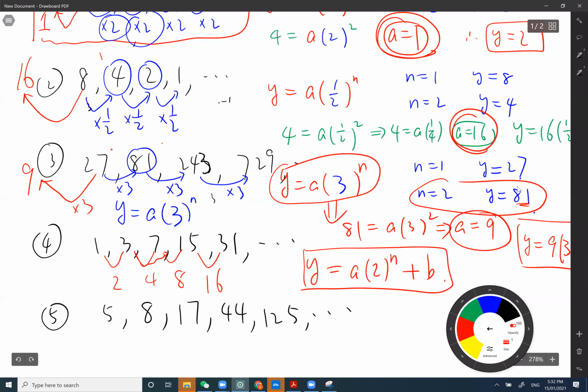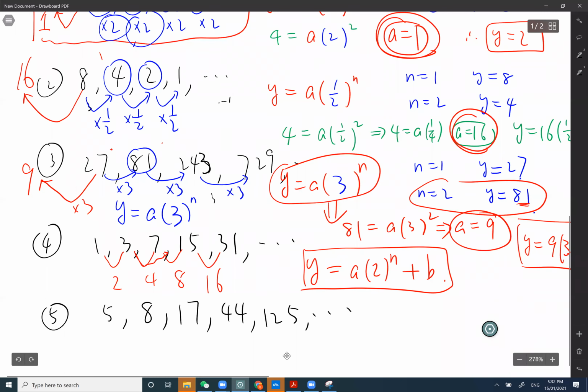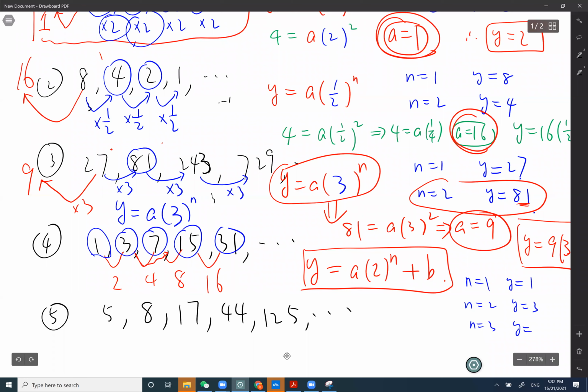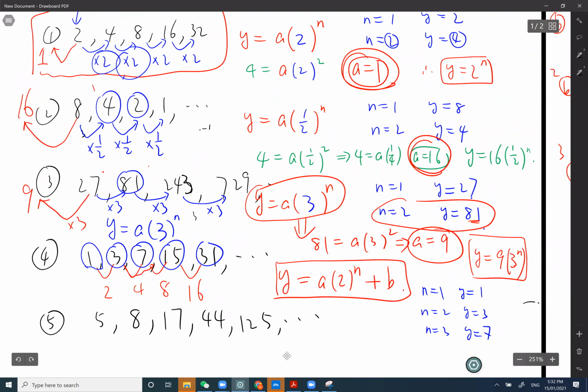Harder. They're plus a number now. Actually, if n equals 1, what's y? For the sequence here, n equals 1, what's y? Yes. N equals 2, what's y? N equals 3, what's y, Alyssa? 7. Very good.